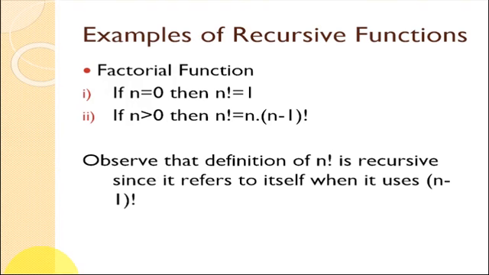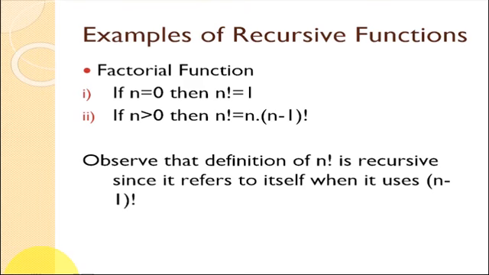Factorial function can be defined mathematically as follows. If n is equal to 0, then n factorial is equal to 1. If n is greater than 0, then n factorial is equal to n into n minus 1 factorial. Observe the definition of n factorial.